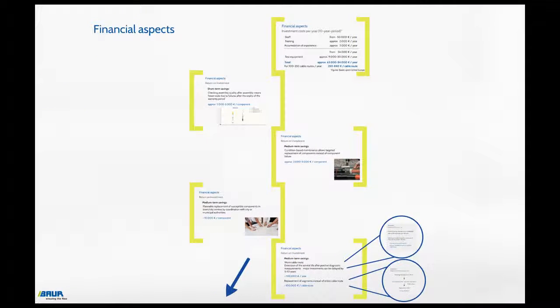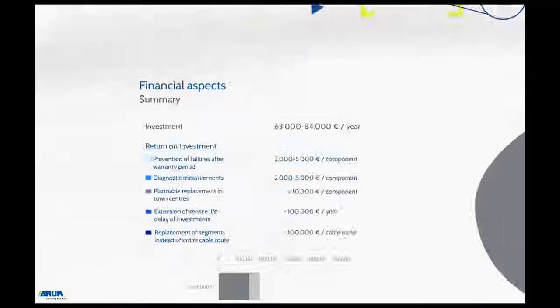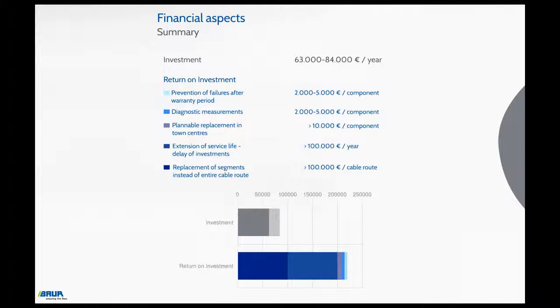If we now compare the required investment costs with the benefits, we see the return on investment attained by testing and diagnostics. It is clear that the potential savings are not, as originally assumed, restricted to the elimination of cable faults. There are also enormous savings to be made by extending the service life of cables and by replacing segments rather than the entire routes.